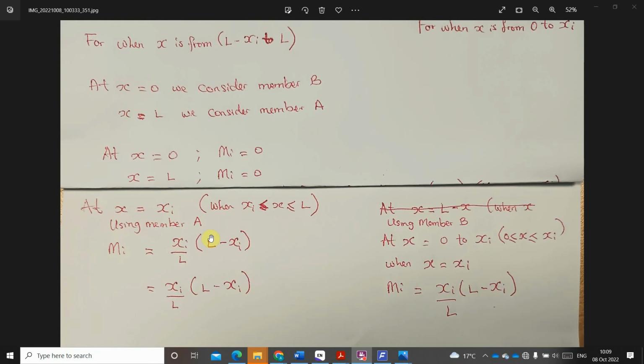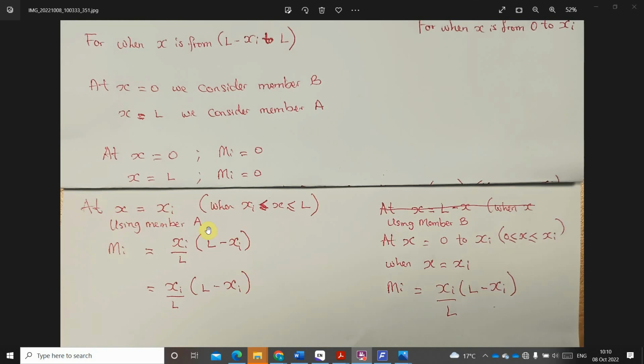Now the maximum point for this particular one is when our S equals Xi. If you are looking at it, the starting point of the member is L minus Xi.